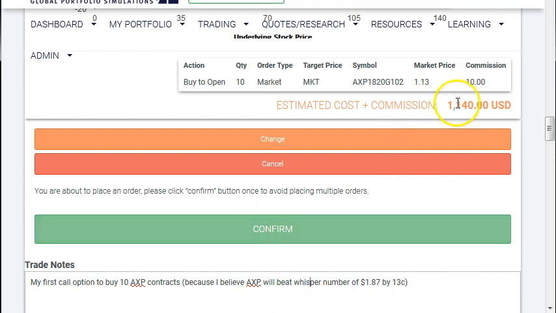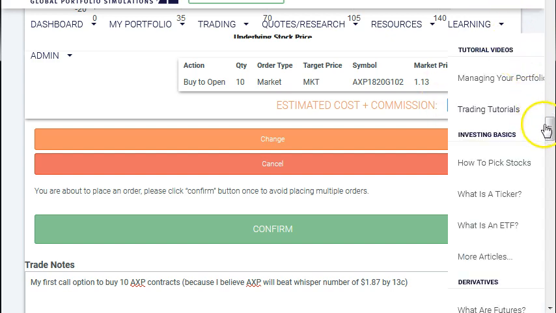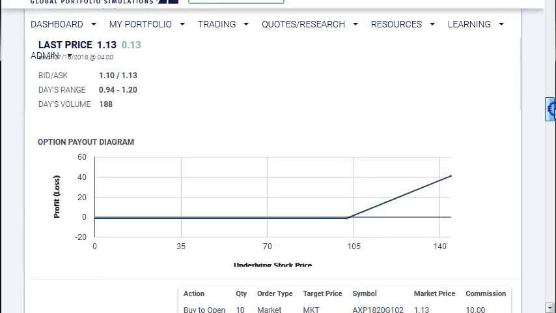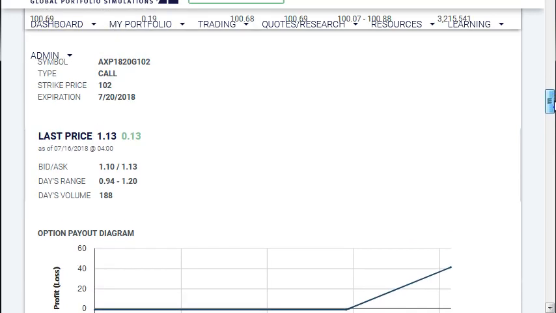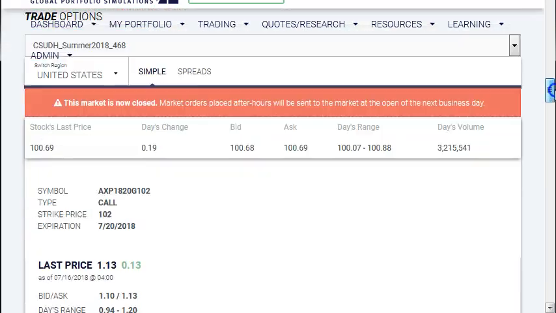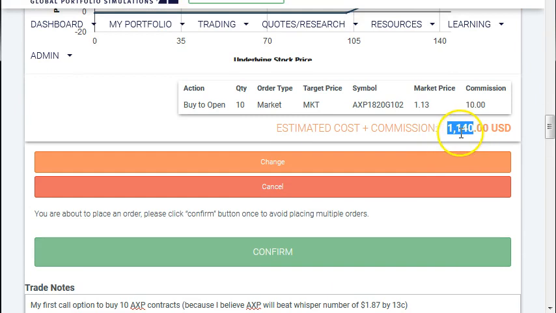When you confirm with $1,100, you're going to buy 1,000 underlying stocks of AXP. If you're right, the stock price can go up, and your $1,100 option, who knows, may turn into $2,000 or $3,000, and if you're really lucky, it may even turn into $10,000. No one knows.